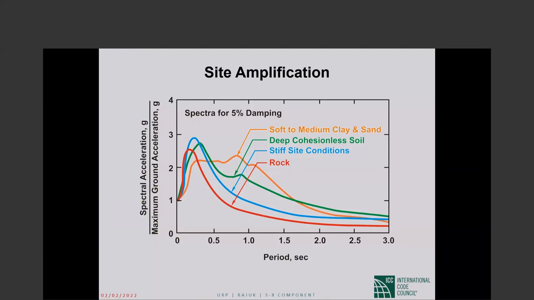Spectral acceleration, I will talk in detail about response spectrum in one of the modules. But for now, spectral acceleration is like maximum acceleration of elastic single degree of freedom systems with varying periods. It is very close to that. It is not exactly that, but for your basic understanding, that's good enough.